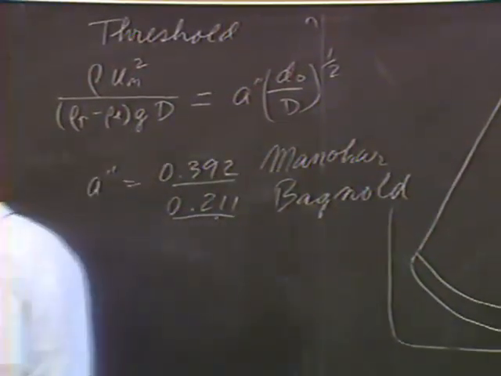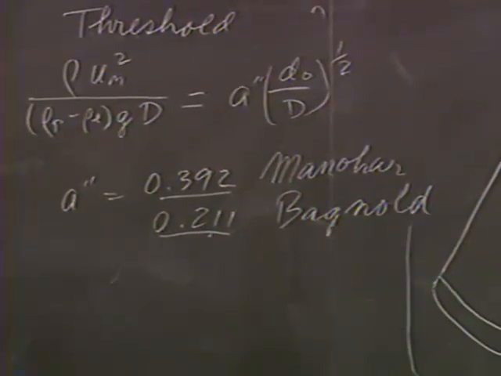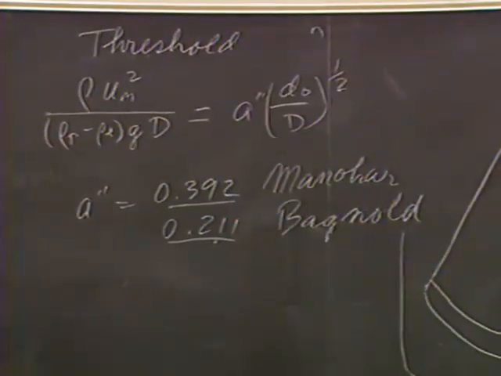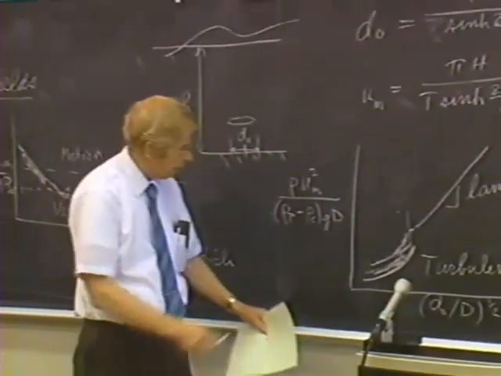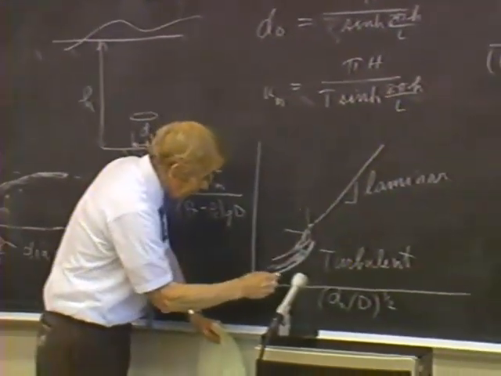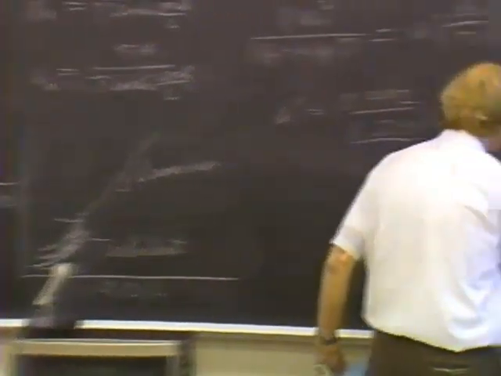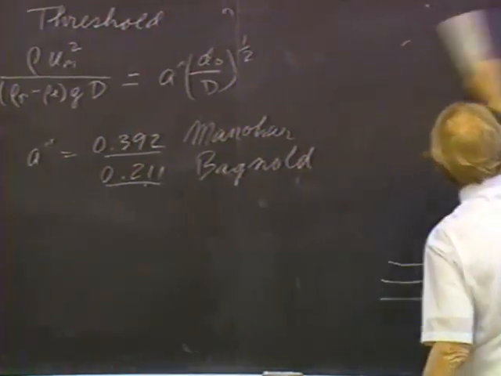And he found that you could relate that on a log scale to d0 over d, to a curve that looked something like this.